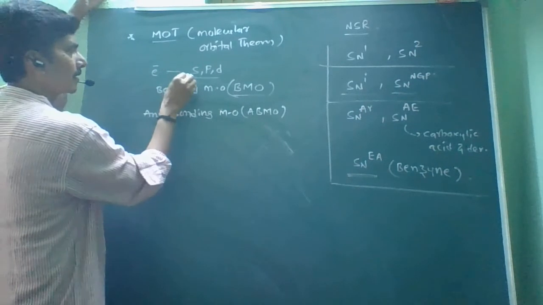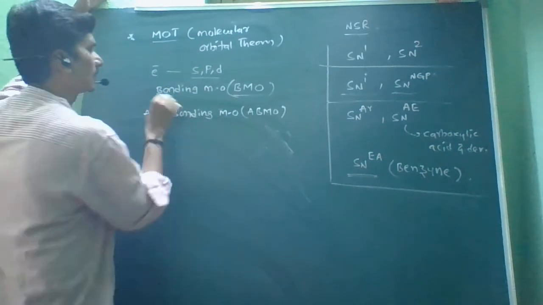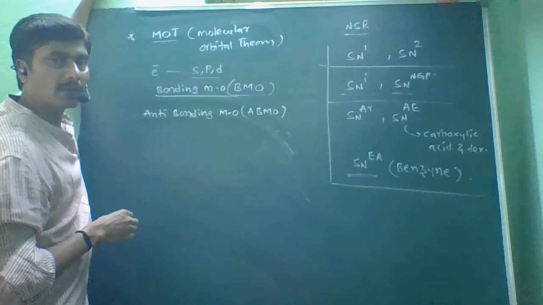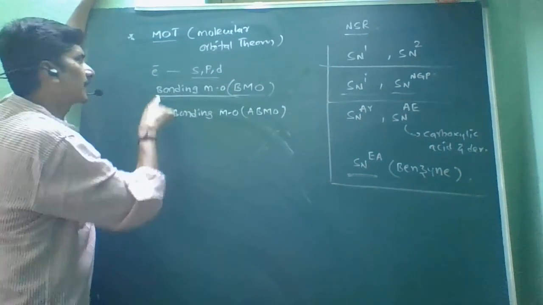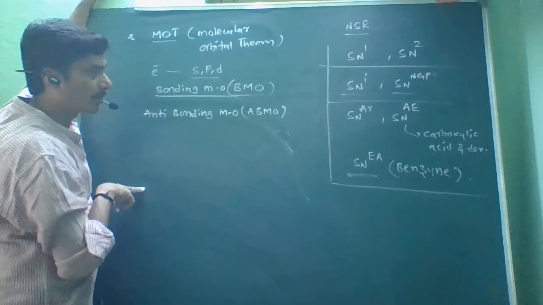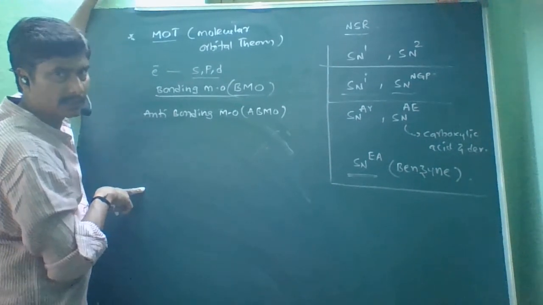Compared with the atomic orbitals, those which are lower in energy are known as BMO, bonding molecular orbitals, and those which are higher than the atomic orbitals are known as ABMO, anti-bonding molecular orbitals.